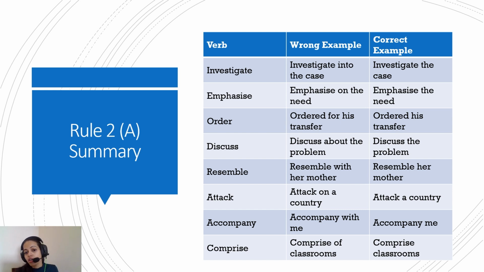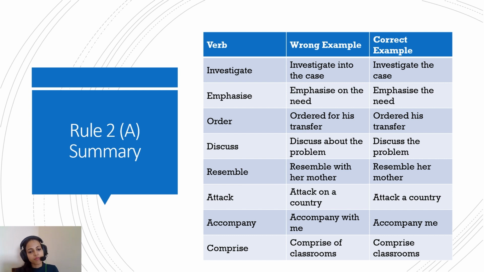So you do not need the preposition on. Similarly, order: "order for his transfer" is wrong; "ordered his transfer" is correct. You do not need the preposition for after order. Now discuss: "discuss about" is incorrect because discuss itself is complete and the word itself gives the sense that some issue is being talked about. So you do not need the preposition about. Discuss the problem.